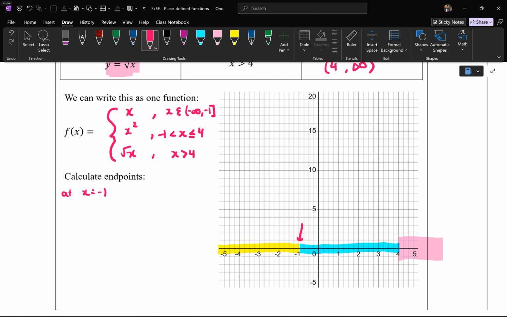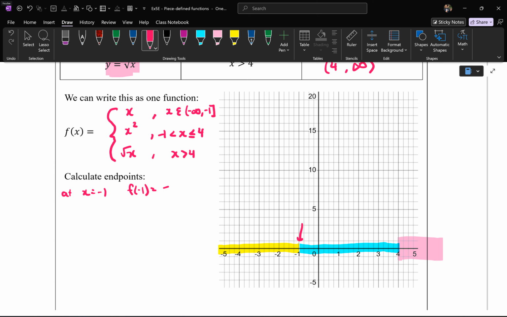If that's my function at negative 1, what would f of x be? So f of negative 1, if I sub into the linear graph, what would it equal? Negative 1, because the rule was x. So if x is negative 1, well then I just sub x in, and that gives you negative 1.